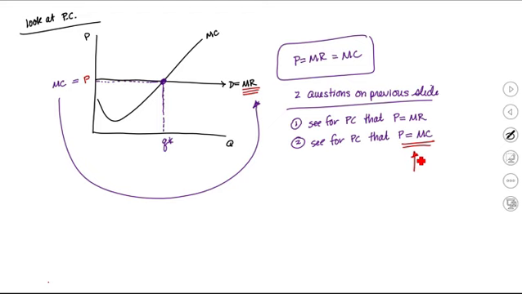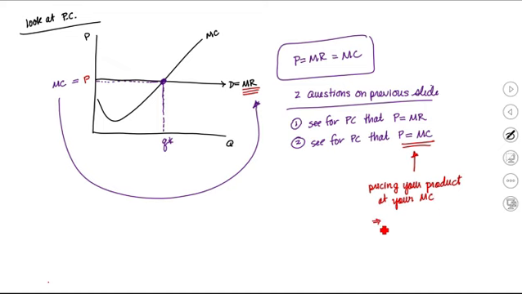If you're a firm in perfect competition, how are you pricing your product? You're pricing your product exactly at what? Your marginal cost, right? So you're pricing your product at your marginal cost. So is there markup? Do we have markup like monopoly?